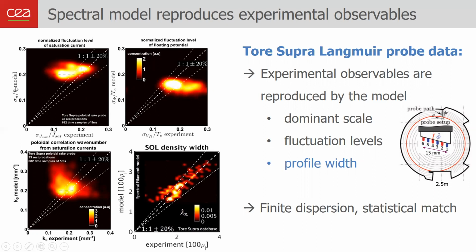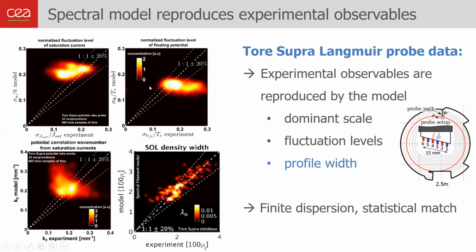You see, for instance, on the density fluctuation level, well, you have some dispersion. Of course, it's not a 100% match, but still the model is able to capture a range of fluctuation in the range of 20%. This is relatively close to the separatrix, for those who know about plasma boundary in tokamaks.